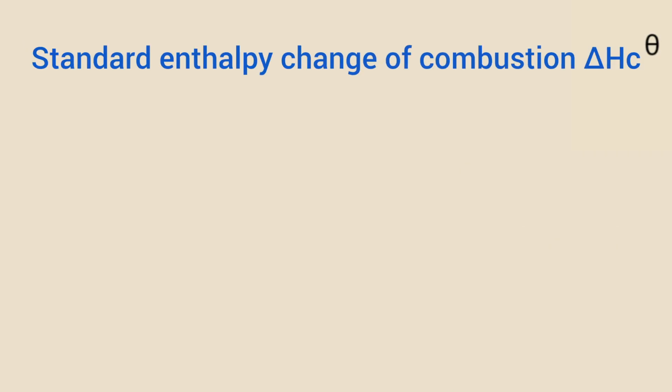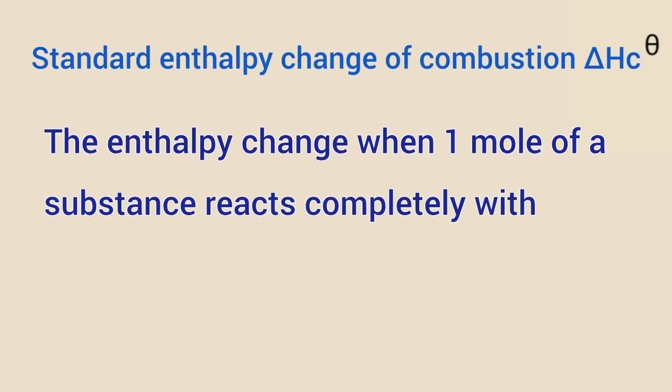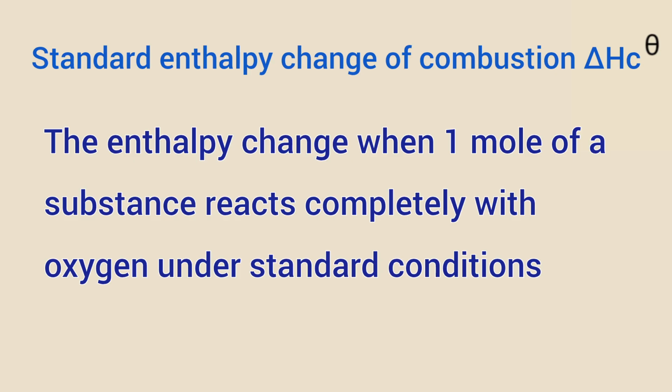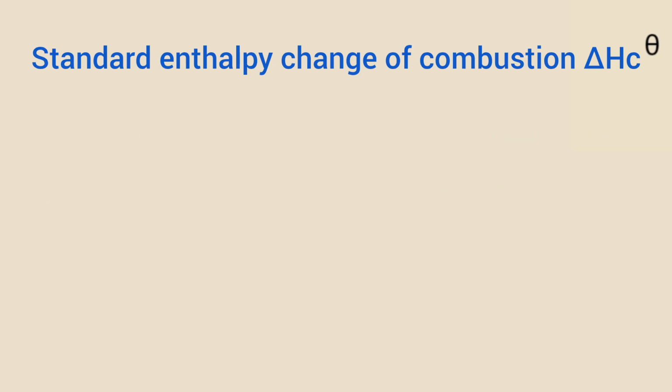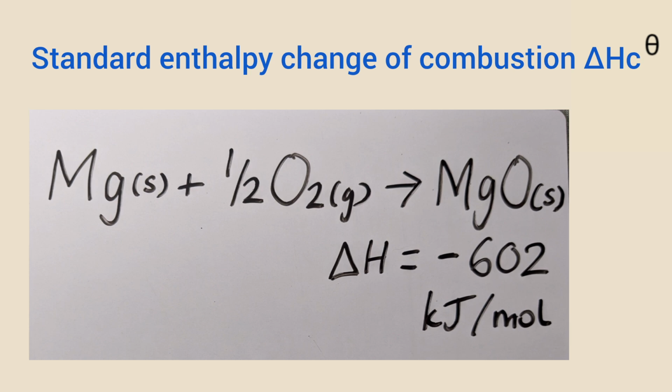Standard enthalpy change of combustion is delta Hc theta, and that is defined as the enthalpy change when 1 mole of a substance reacts completely with oxygen under standard conditions. If we look at our first example equation, we've got magnesium solid burning in oxygen, in air, to form a metal oxide, magnesium oxide, which is solid.